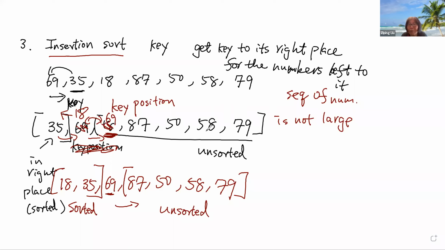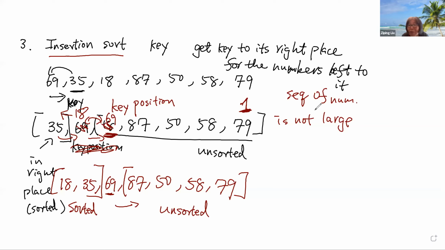But suppose some unsorted number, like 1, is at the very back end. It takes so many moves to get to the right location.